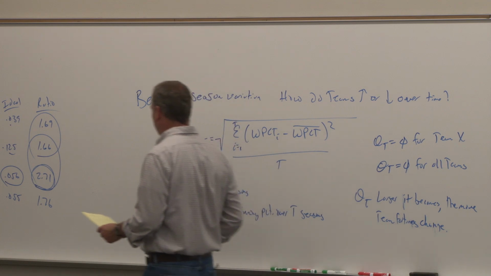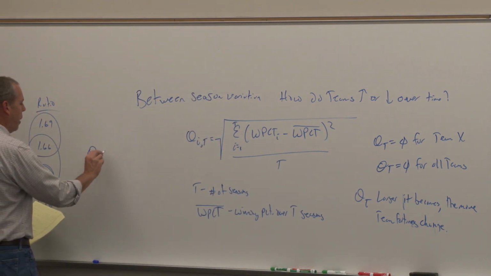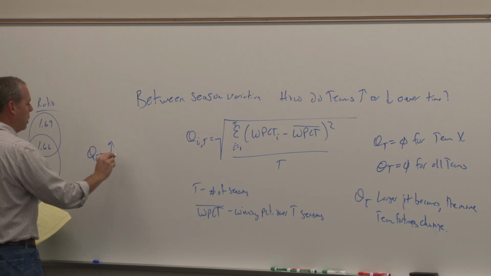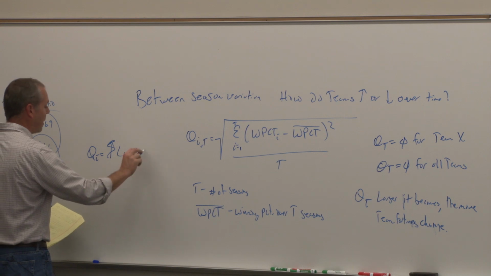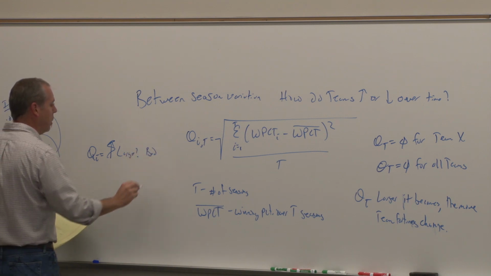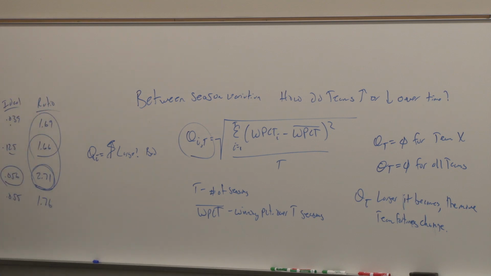So, like we said, with the within season one, when this was large, that was kind of bad, right? But this being large, that's good. That means people are changing places a lot.